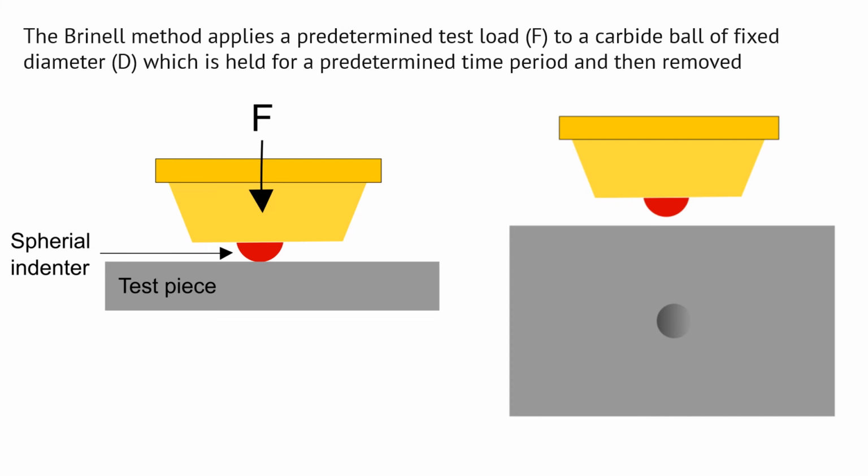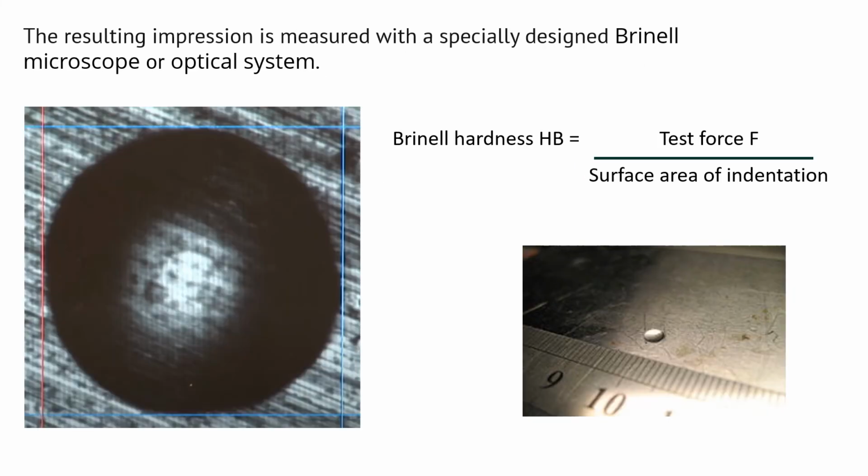With the Brinell method, a predetermined force on an ultra-hard ball is exerted on the workpiece. The indenter is then backed off and removed, and the area of the indent is measured. The resulting impression created by the hard ball is measured with a specially designed Brinell microscope or optical system.